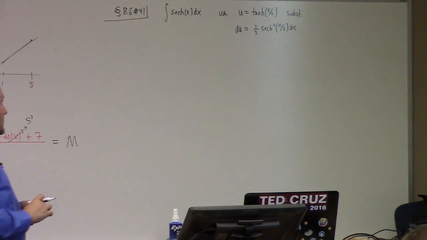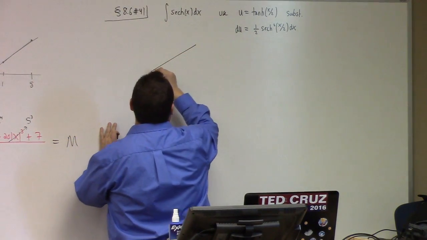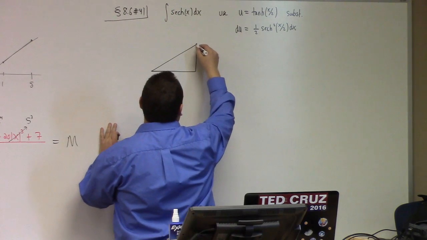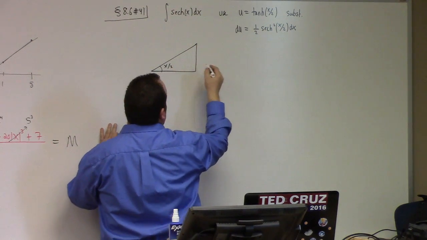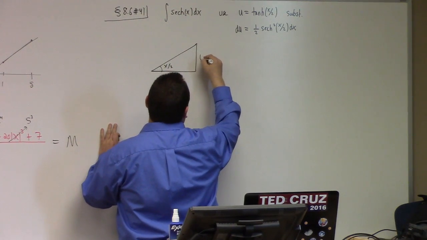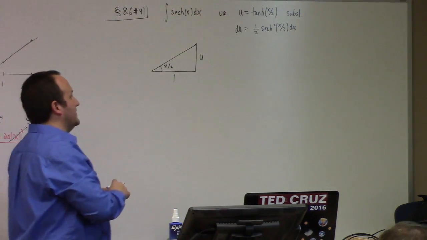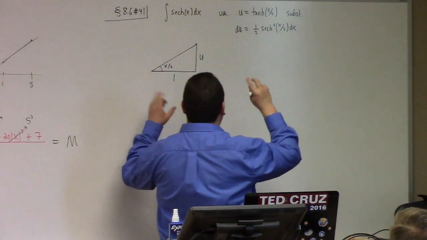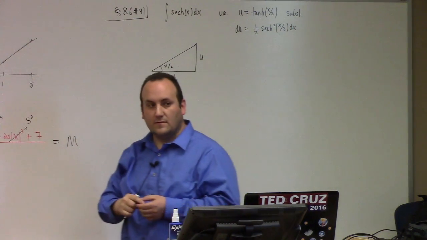We need to draw the triangle for the hyperbolic substitution, see what that looks like. Remember we did these a little bit one day, but they were a little bit weird. So if this is x over 2, this is the opposite side and this is the adjacent side, what does that make the hypotenuse with the hyperbolic triangle of the tangent x over 2 substitution?